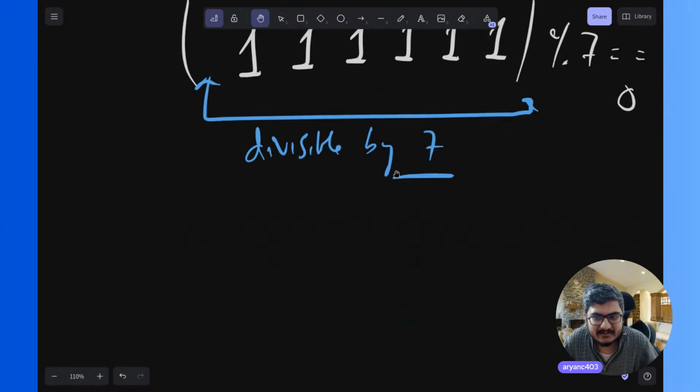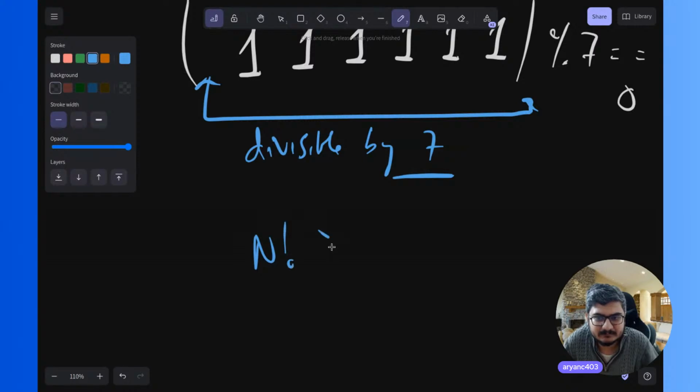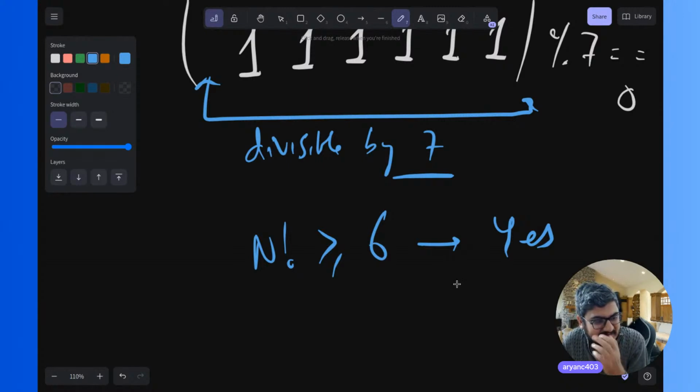So whenever n factorial is greater than or equal to 6, the answer is always yes for 7 as well. So you only have to check the cases when n factorial is less than or equal to 6. If d is divisible by 7 also, then the answer is yes.